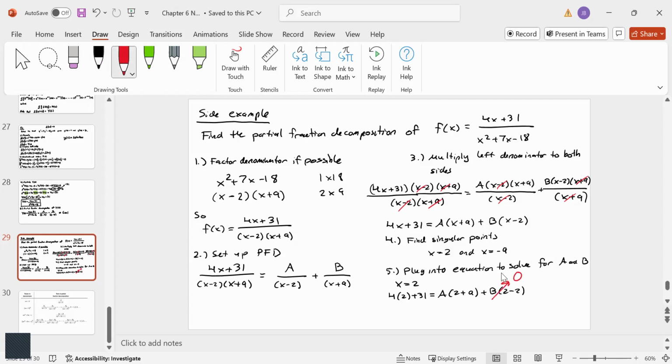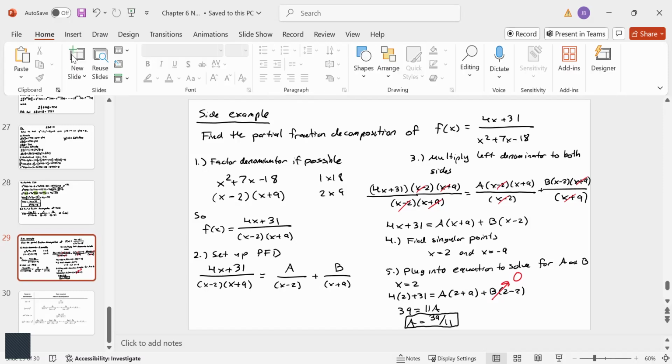It's 0. So what I end up getting is 39 equal to 11A. So then A is equal to 39 over 11, which is very nice, right? I got a nice solution there. Fractional, unfortunately, but at least it's a nice-ish number. Better than a radical, I would say. So that's the first one. Now I just have to do it for the next singular point.